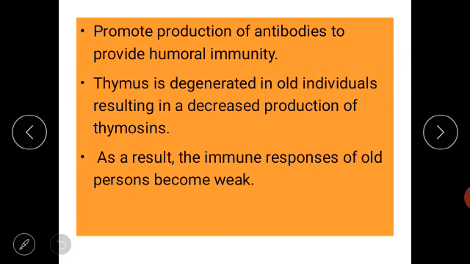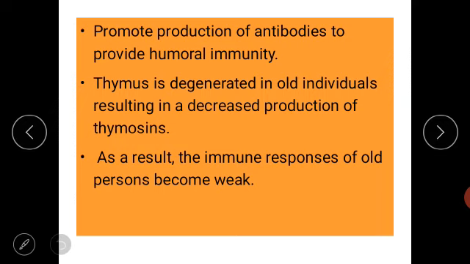Thymosin stimulates the division and production of T lymphocytes, and T lymphocytes help in the production of antibodies. Those antibodies play an important role in the killing of pathogens.